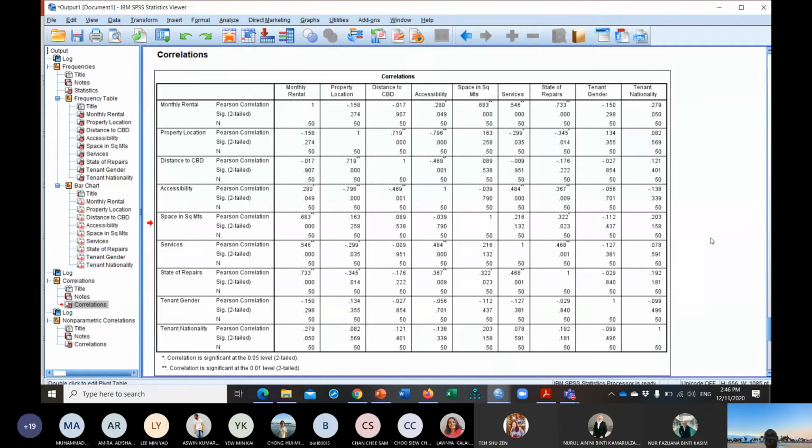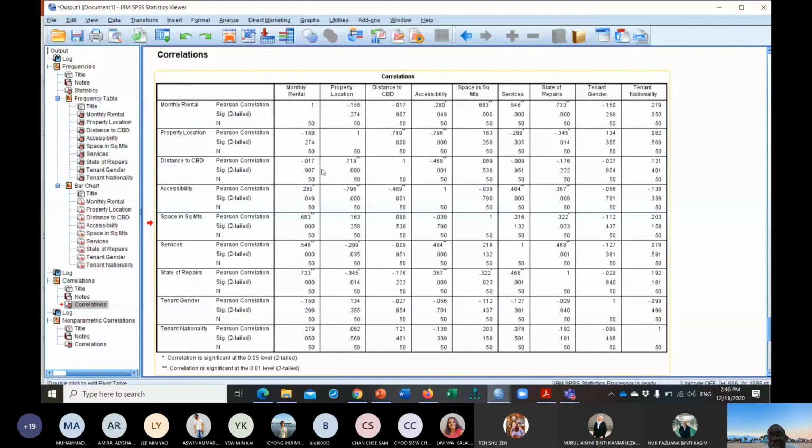I think PJ seems closer. If that is correct, your choice of location will determine your distance to the CBD, and that is very, very crucial. If your distance to the CBD is far away, definitely it will affect your monthly rental.